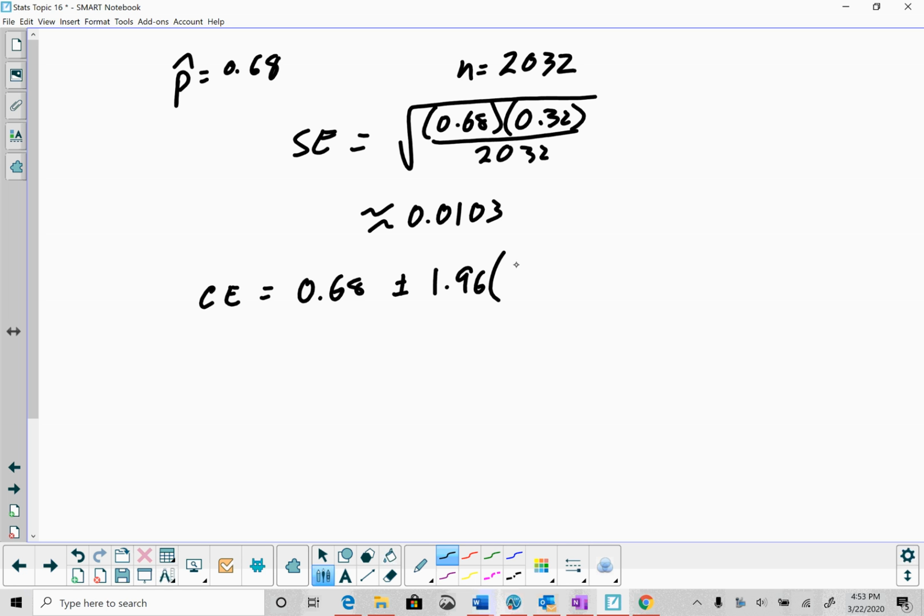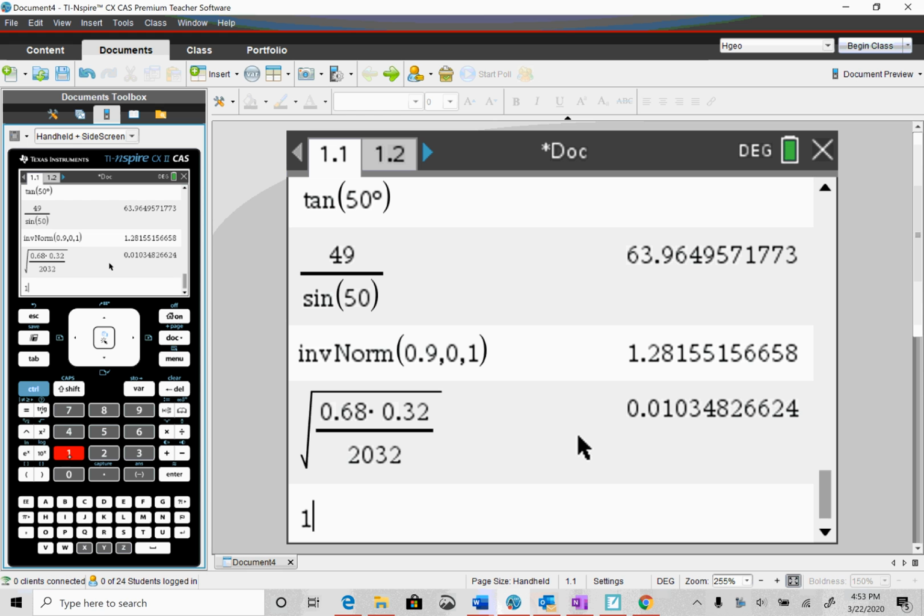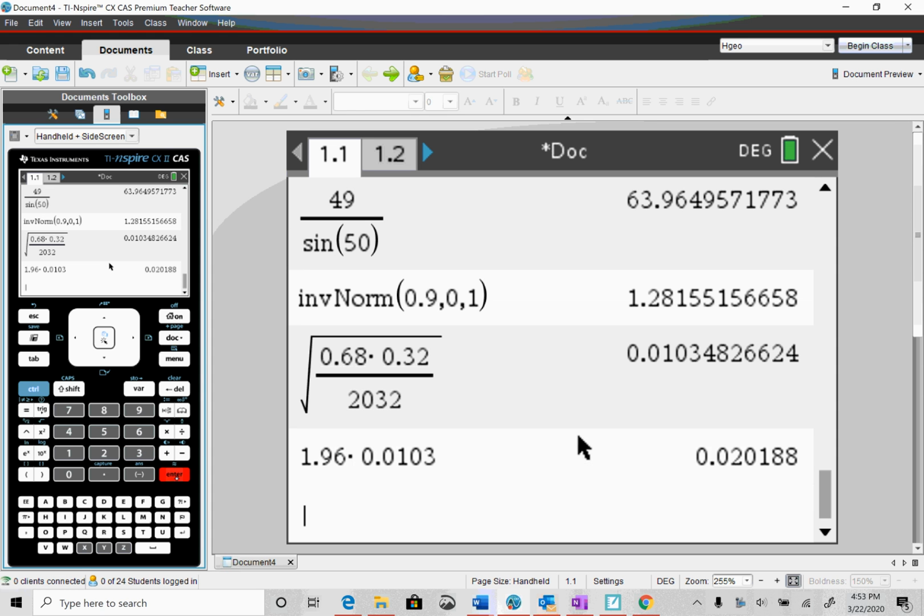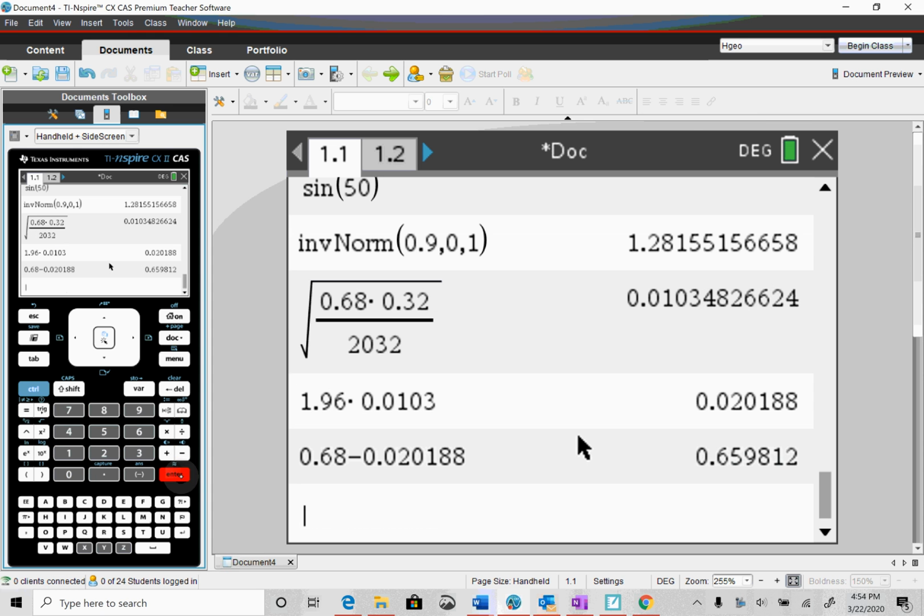Well, we just calculated that, so I can simply substitute 0.0103 right in there. So this is the value that I'm going to add to and subtract from the 0.68. So we start with 0.68 minus 0.020188. That's the lower value of my confidence interval.